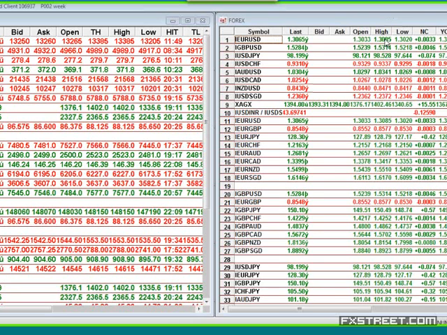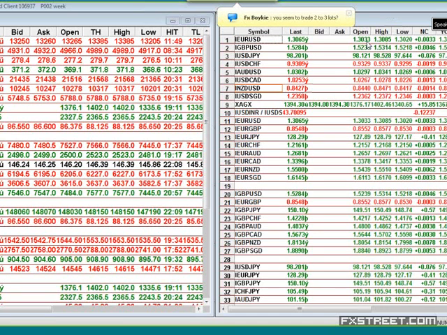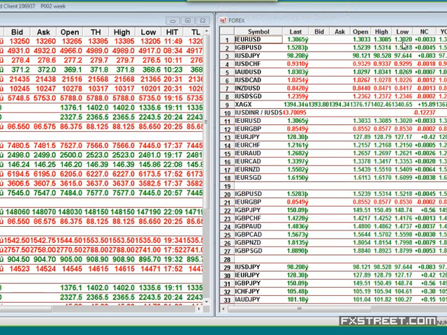If you look at the prices here, we have the price open, we have the day high, we have the day low. So this is what we meant by day high, day low, registered high, registered low.